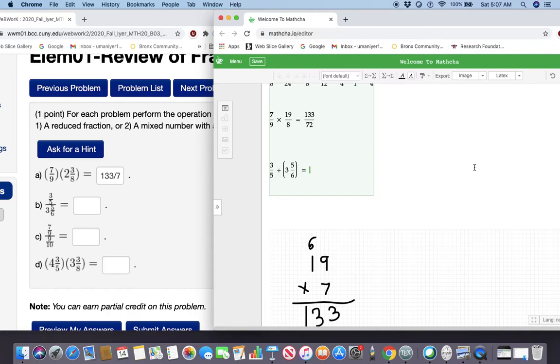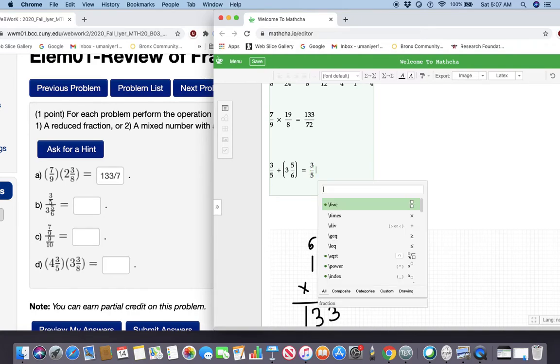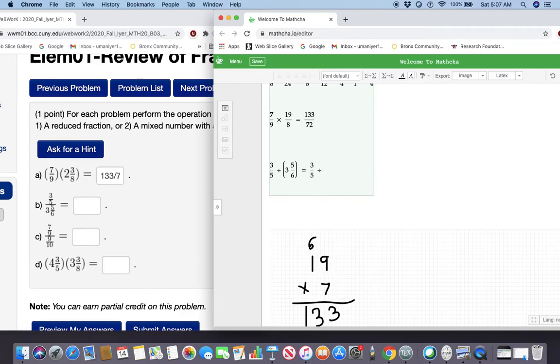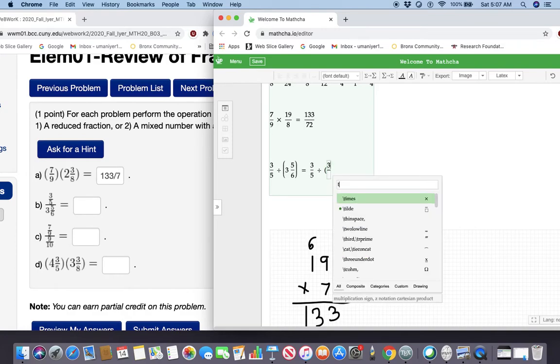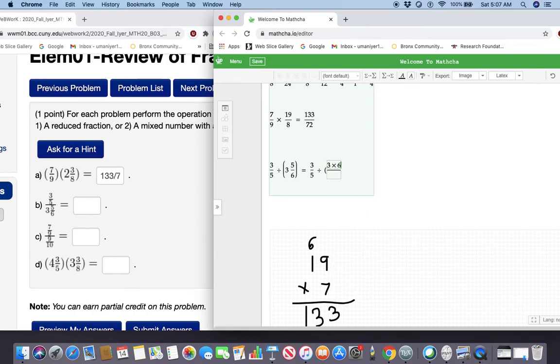So the first fraction is 3 over 5 as it is, divided by, what happens here? 3 times 6, and then I add the 5. So 3 times 6, add 5, over 6.